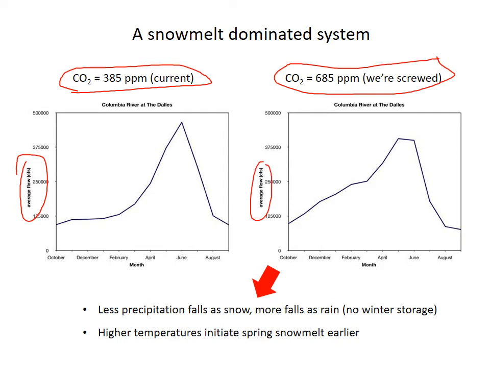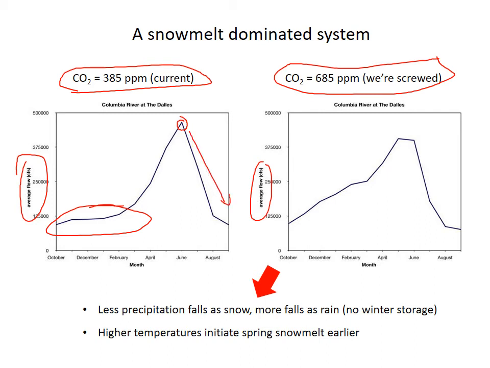Under current conditions, it's snowing all in this period, right? It's snowing all here, and then the snow in the mountains melts, and the water coming off the hill slope melting into rivers, being passed through dams, accumulates and reaches this max point in June or July. And then it dissipates back towards the fall.